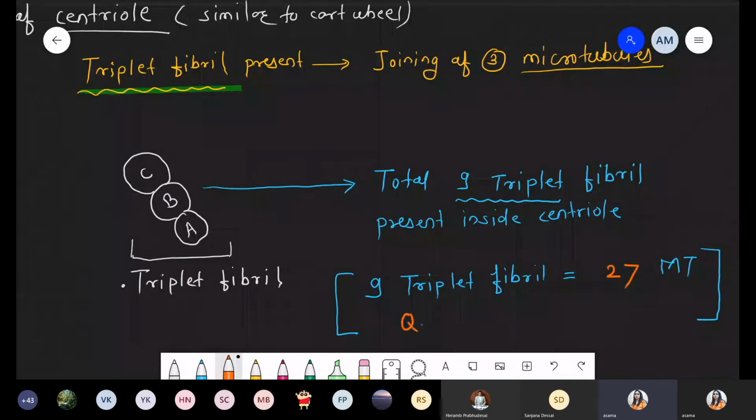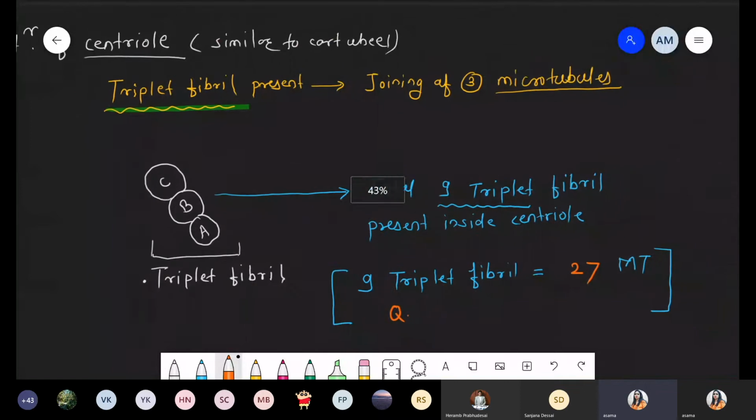So remember, a single triplet fibril consists of 3 microtubules A, B, C. But when we talk about the entire structure of the centriole, it is made up of a total of 9 triplet fibrils. And 9 triplet fibrils means how many microtubules? 27 microtubules. Why?